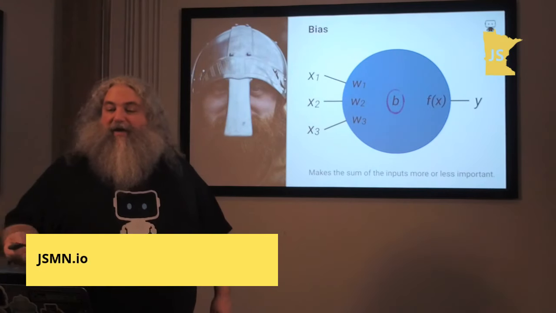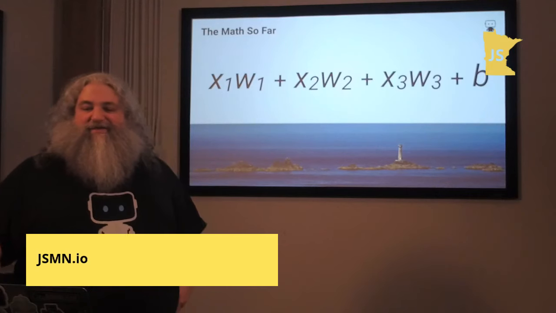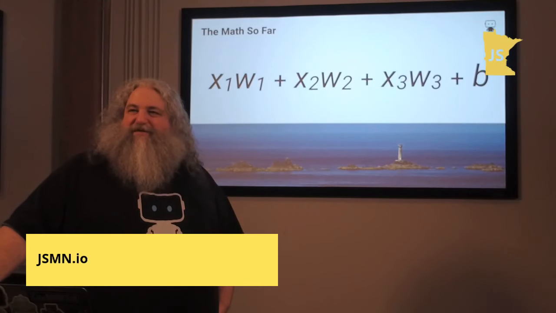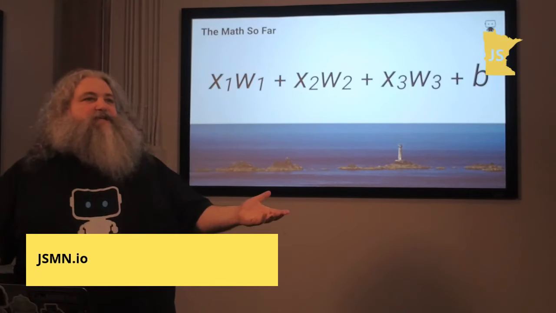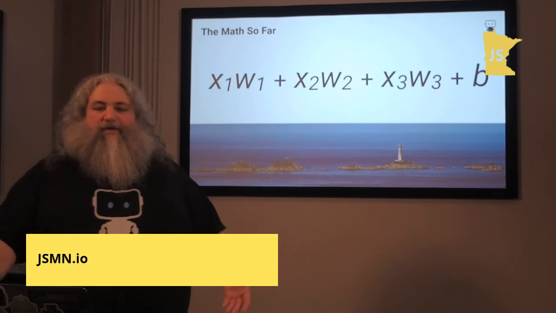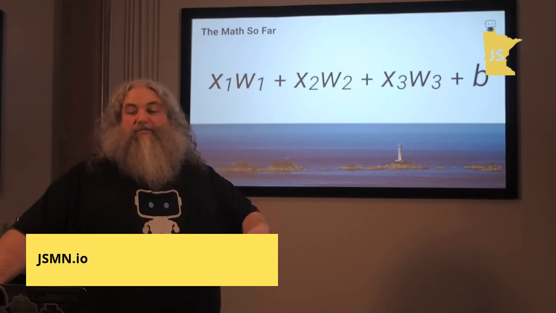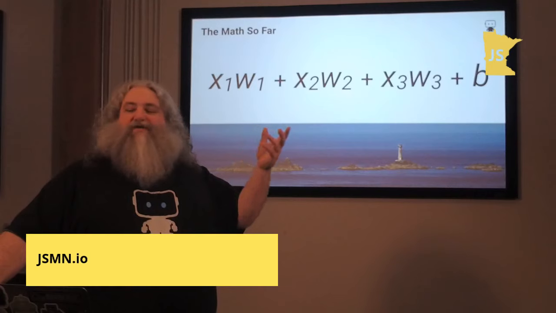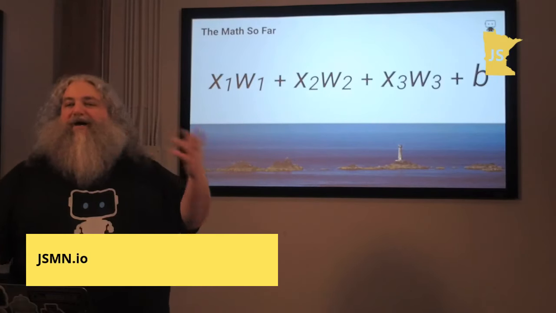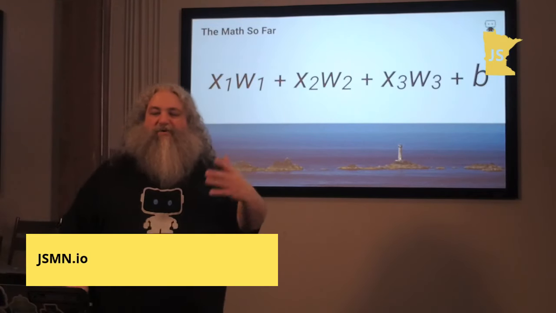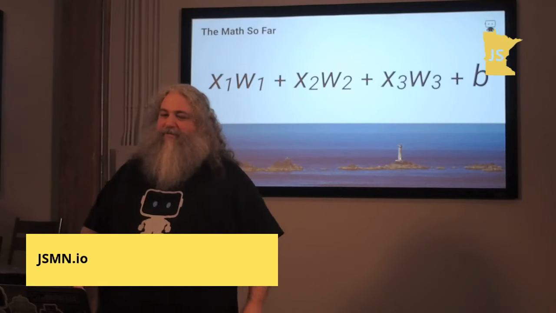So far what we have here is a pretty basic function. This is just basic arithmetic that these neurons are doing internally: x1 times w1 plus x2 times w2 plus x3 times w3 plus the bias. So input times weight plus input times weight plus input times weight.